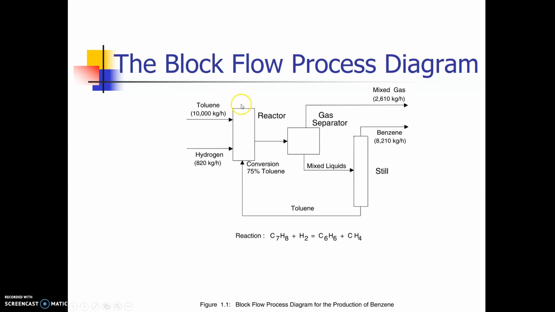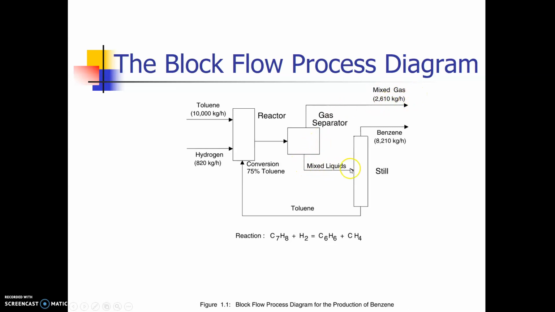So for instance, here we go. In this one, you're going to take in toluene at a specific amount, 10,000 kilograms per hour, and hydrogen at this amount into a reactor. It's going to react in the reactor. It's going to be separated, and then the gas separator will separate it and the gas will leave at this amount.